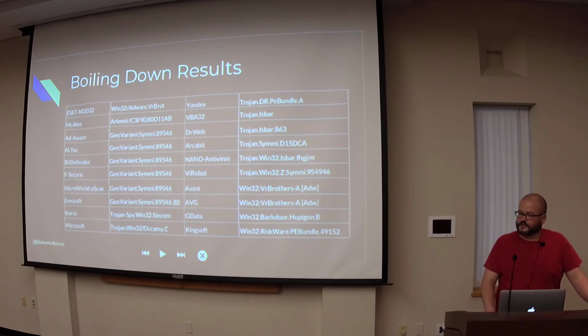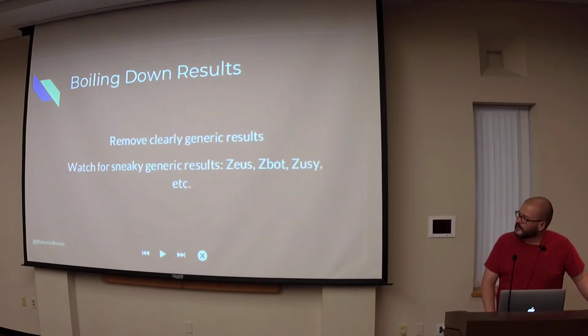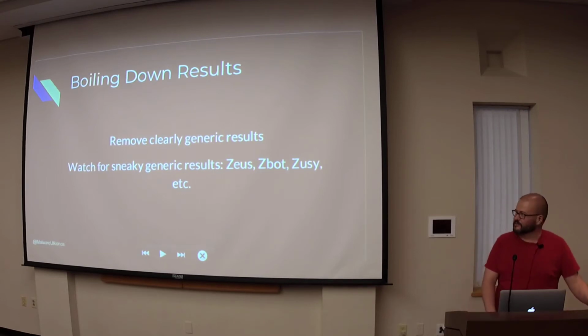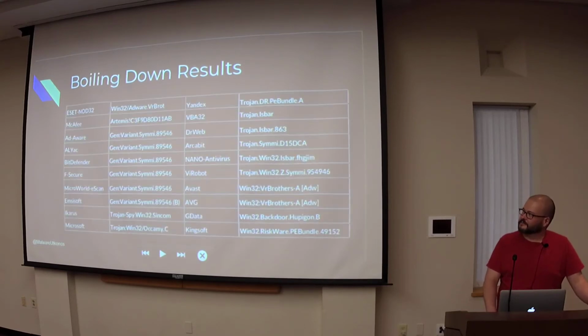So anything that's generic. Also, there are a few like Zeus, Zbot, Zeusi. These are not actually specific results. These are also generics. If you see Zeus or Zbot, it's probably not Zeus. Not these days, at least, unless you're in a time machine.